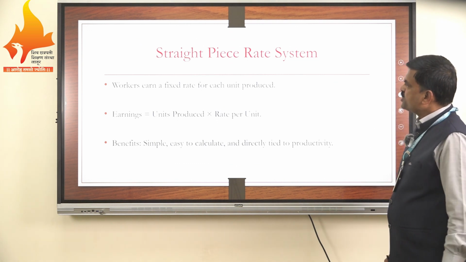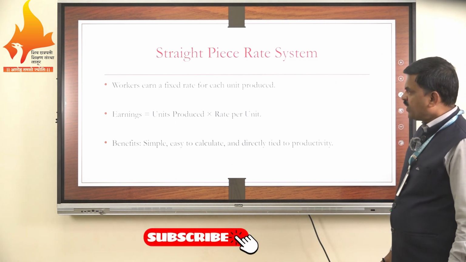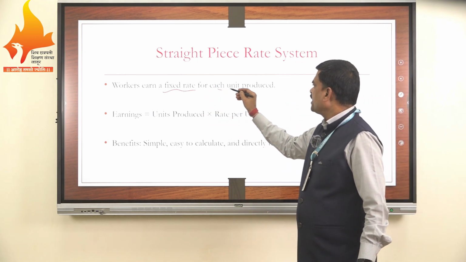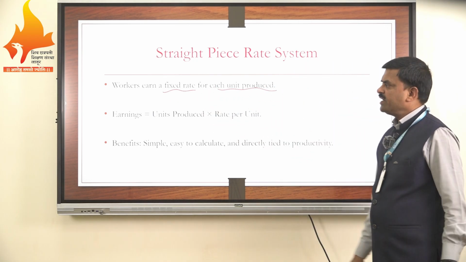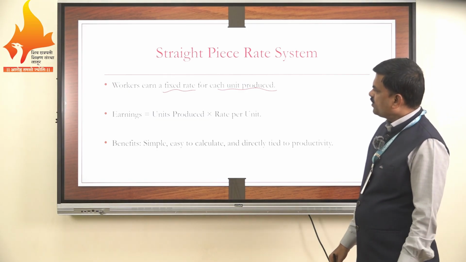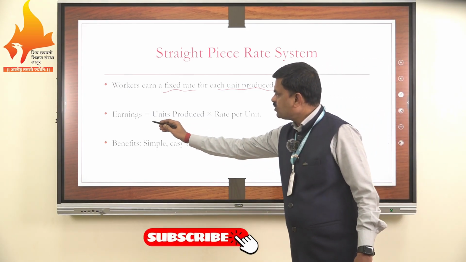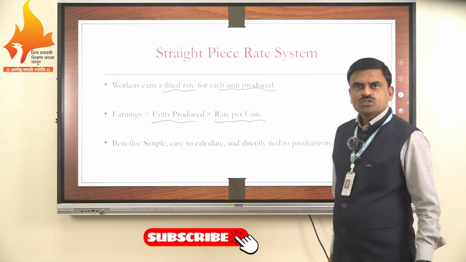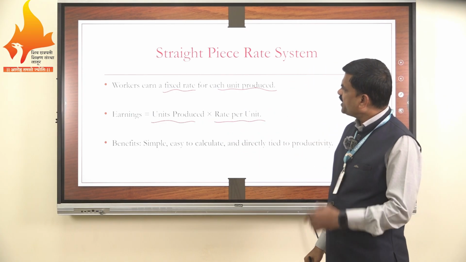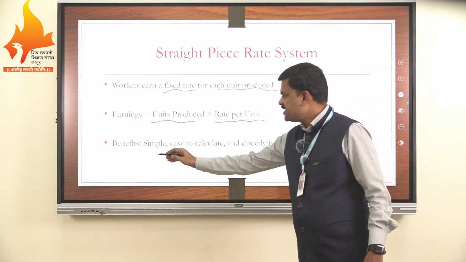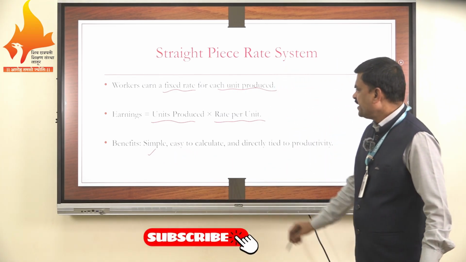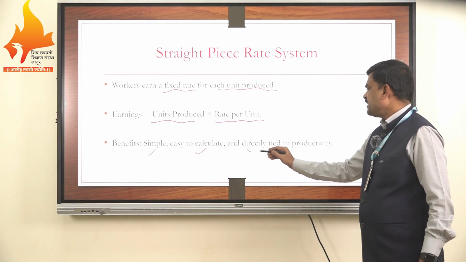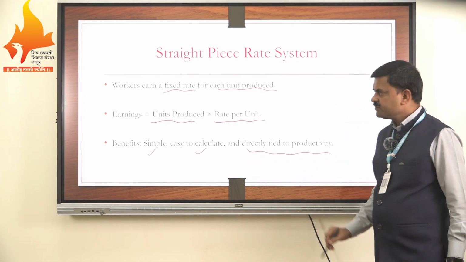Under the straight piece rate system, the worker earns a fixed rate for each unit he produces in a particular day. His earning we can count on the basis of units produced into rate per unit. So what are the benefits of this straight piece rate system? It is simple to understand, easy to calculate, and it is directly related to productivity.